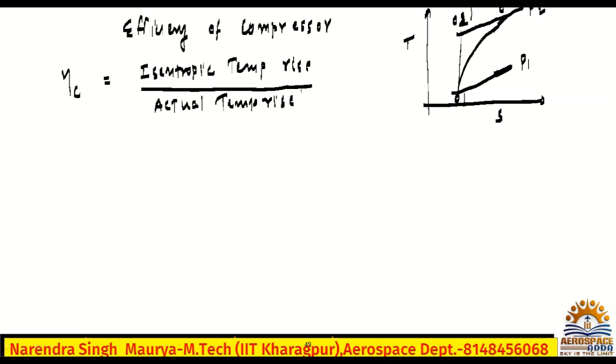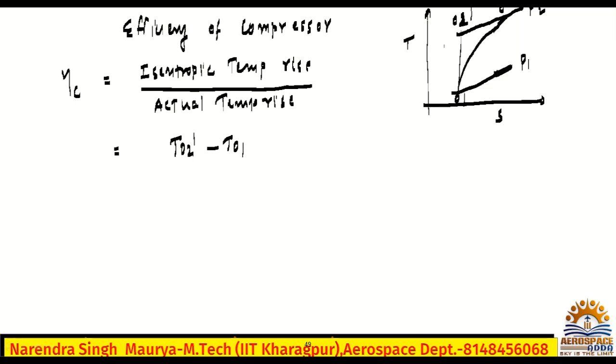What is the work of the compressor? To raise the enthalpy, because enthalpy rising means temperature rising. So you can write isentropic enthalpy rise divided by actual enthalpy rise, or isentropic temperature rise divided by actual temperature rise. What is the isentropic temperature rise? T02 dash minus T01. This is your reference temperature.